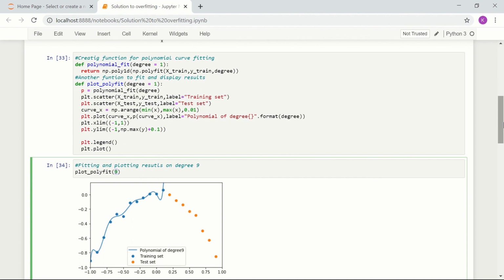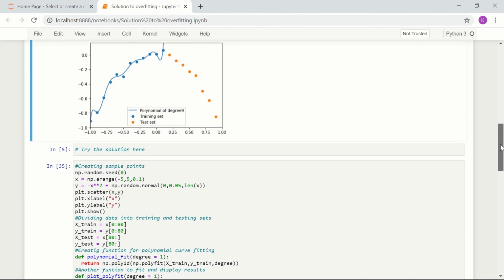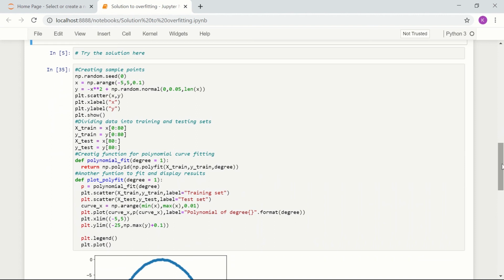It means this is a situation of overfitting. Our model is performing well on the training set, but it is not performing well on testing data.